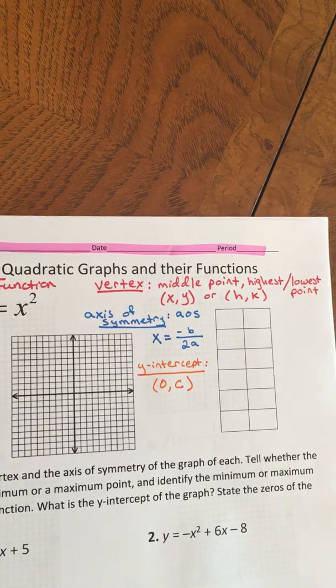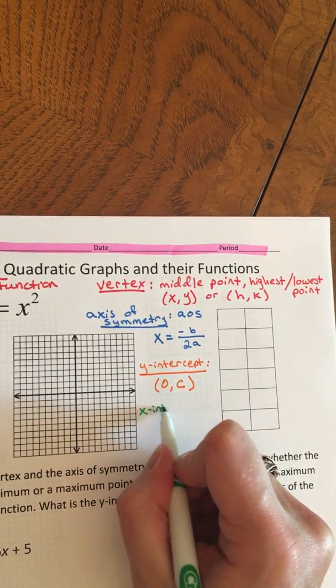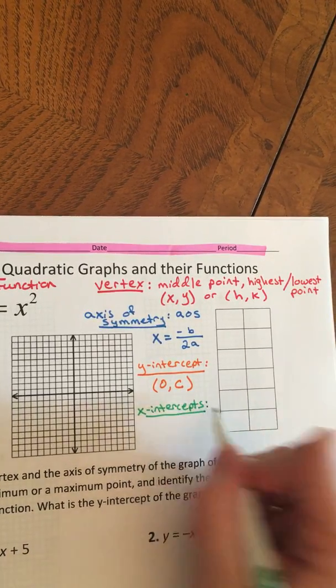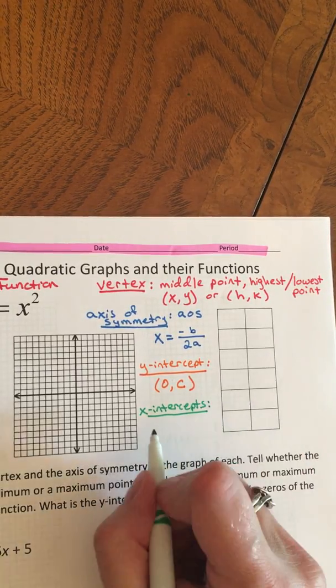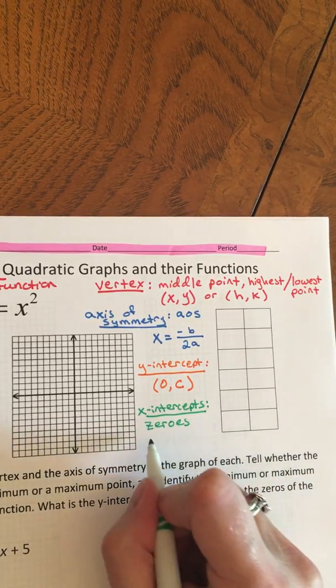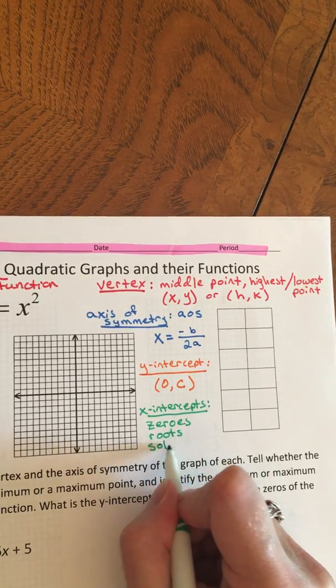And finally, we're going to have X-intercepts. Those have 3 other names. They could be zeros, roots, or solutions.